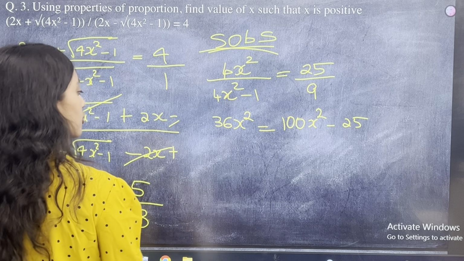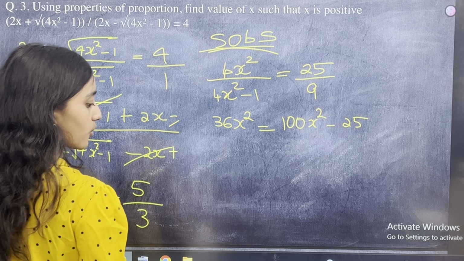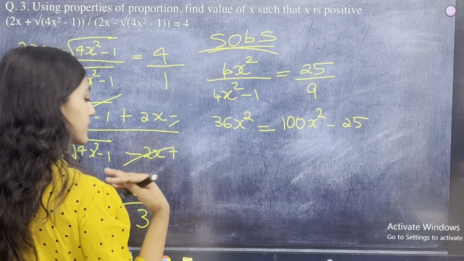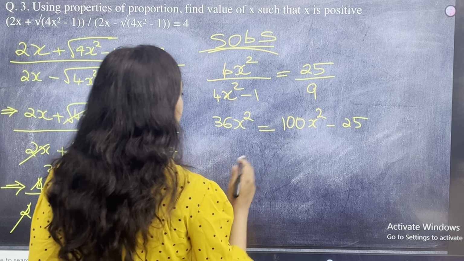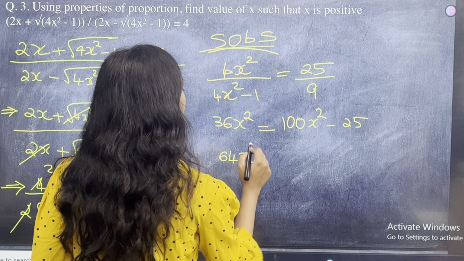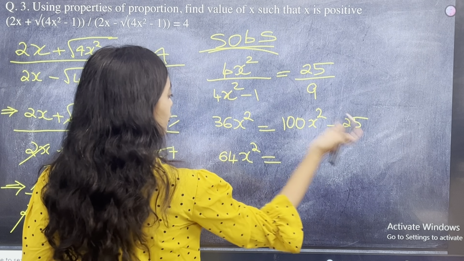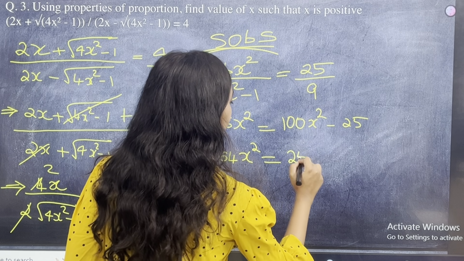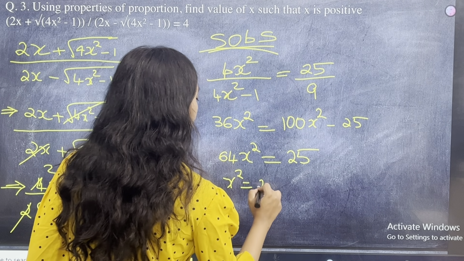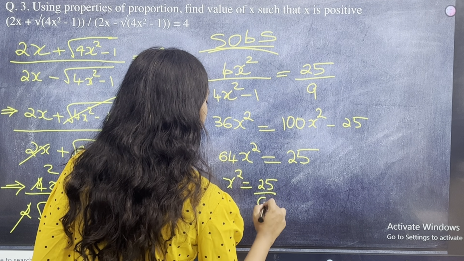Now let me get the x square on one side. Always ensure that the x, whatever you're finding, is positive. So 100 minus 36 is 64x square is equal to, minus 25 comes this side, becomes plus 25. So x square is 25 by 64.